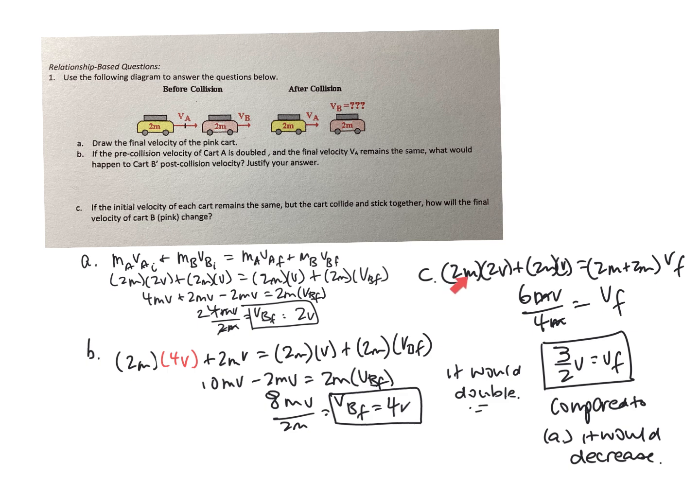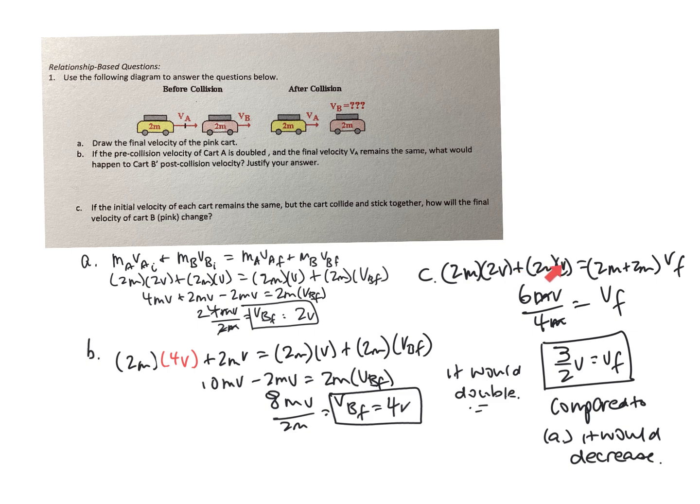But all I do is instead of writing a hit and bounce equation, I write a hit and stick equation where the two masses are together at the end. So I have the original scenario, 2m, 2v, 2m, just v, and then afterwards they combine.